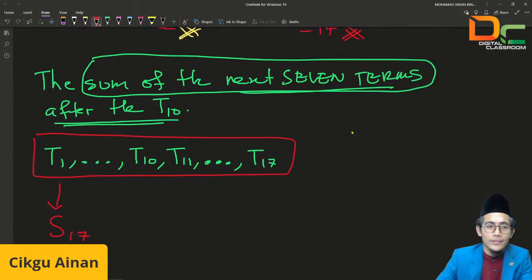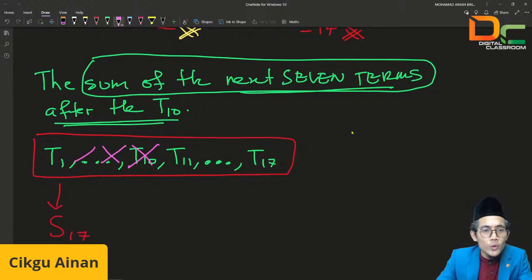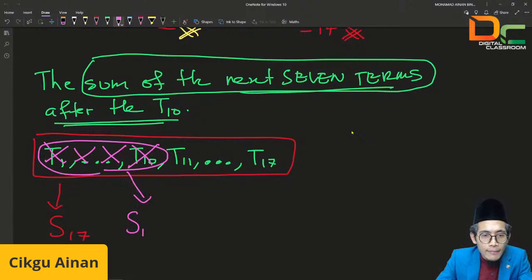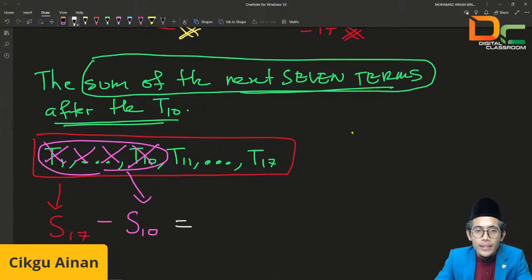What we don't want is T10, T9, T8, and so on until T1. This whole lot is S10. So we are going to minus them. As simple as that.